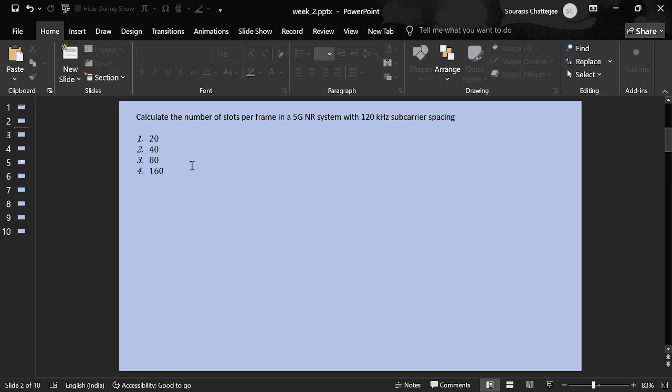Frame is the biggest unit of time in the 5G NR framework. It has a fixed duration, which, I guess you all know, is 10 milliseconds. Your subcarrier spacing may be varying, but it doesn't matter. The frame duration is numerology independent.